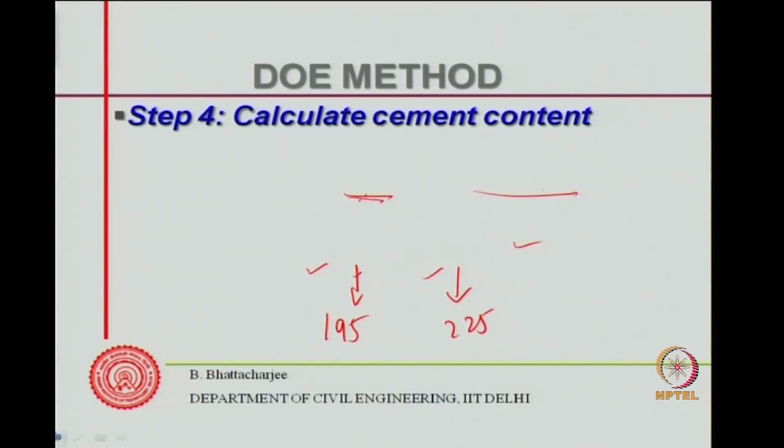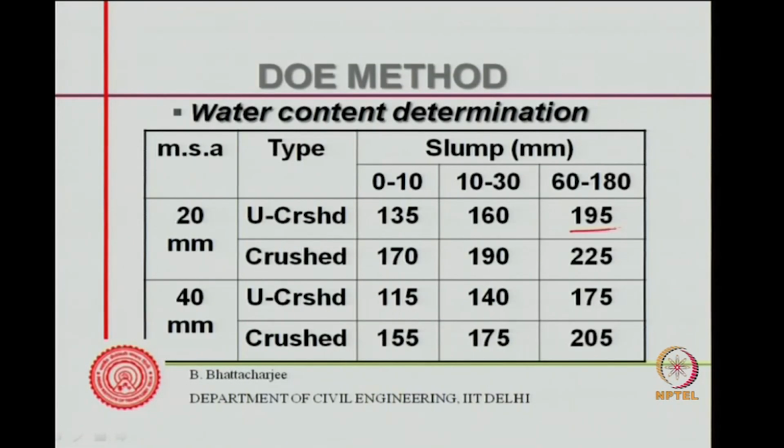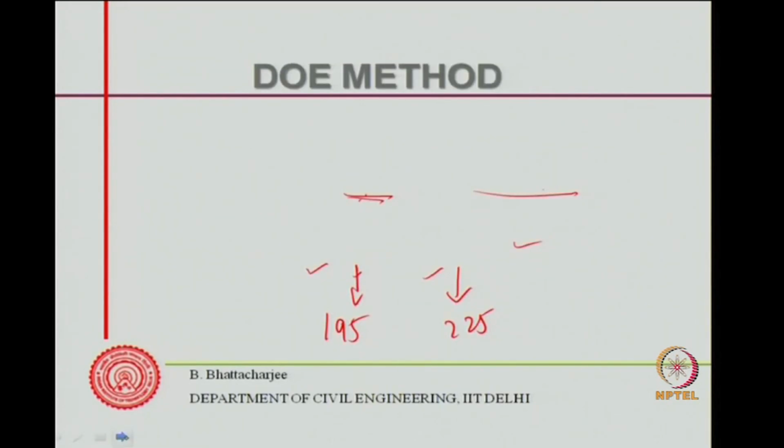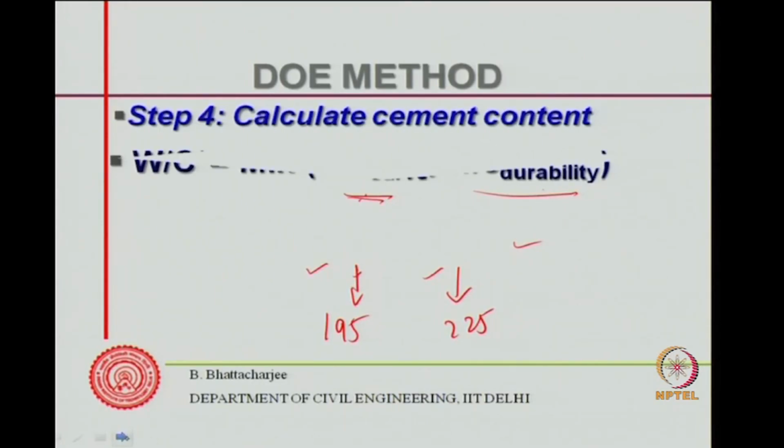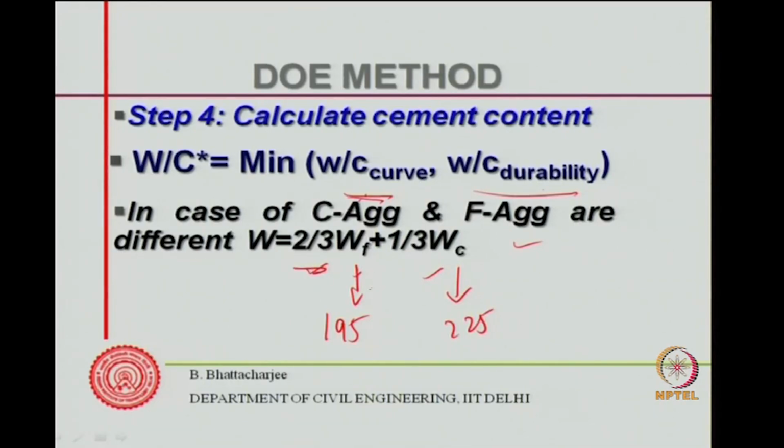Going back to this table, this is 195, for crushed it is 225. So if my coarse aggregate is crushed and fine aggregate is uncrushed, then the water content of the mix will be 2/3 of 195 for the fine aggregate and 1/3 of 225 for the coarse aggregate.